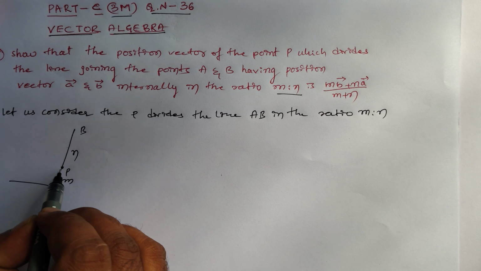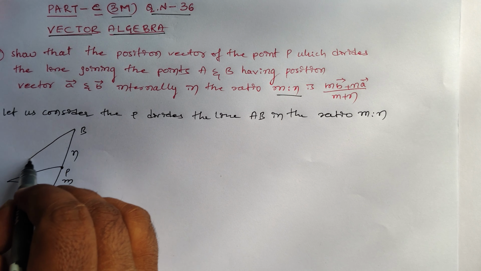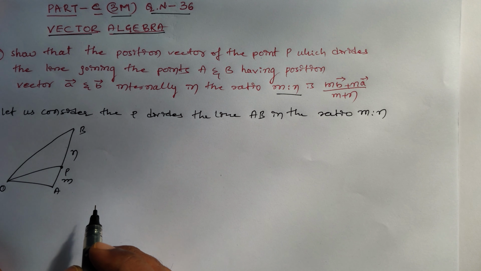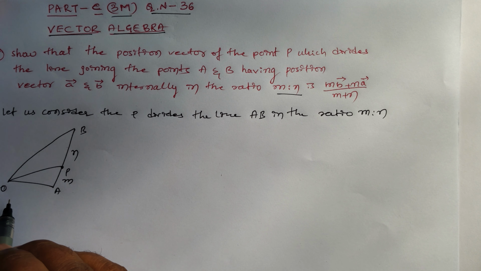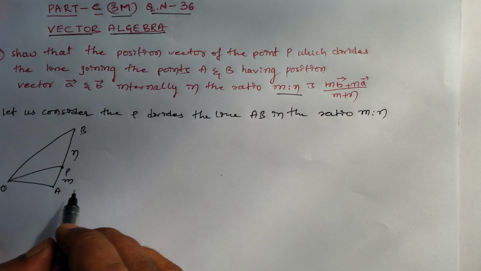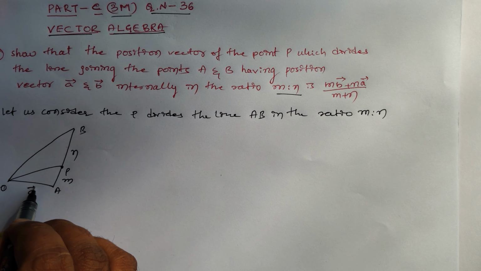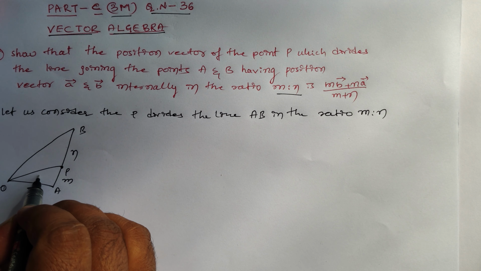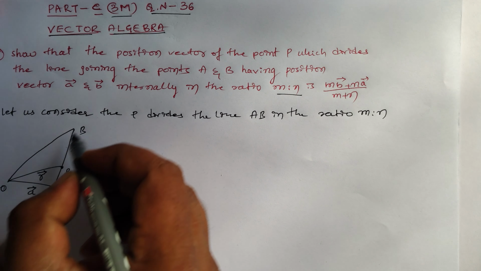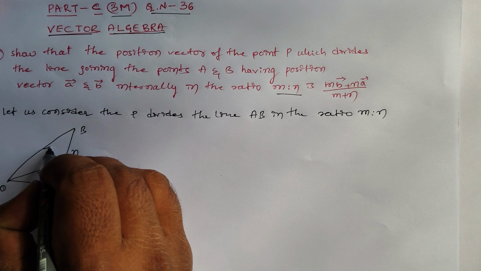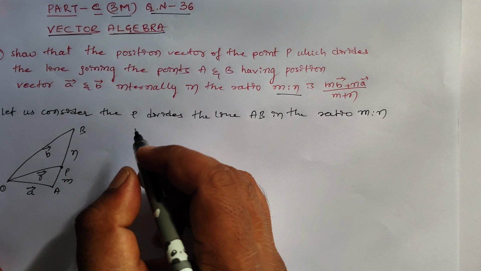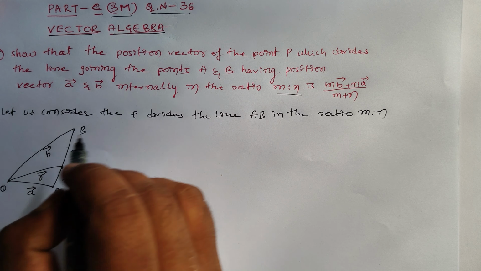This is the origin. Right. See, the position vector of A is A vector. The position vector of P is R vector. The position vector of B is B vector. Let us take. Okay.